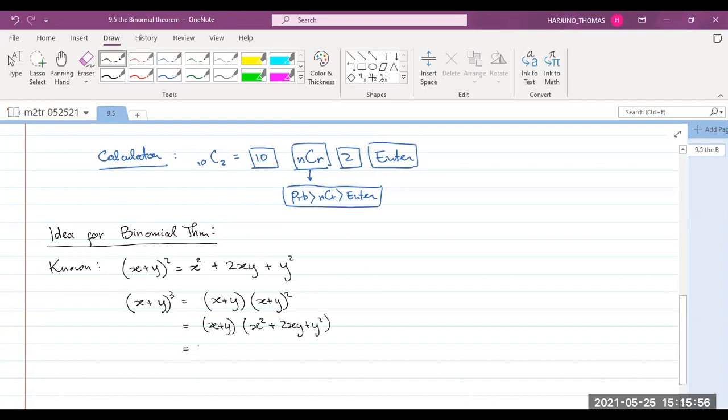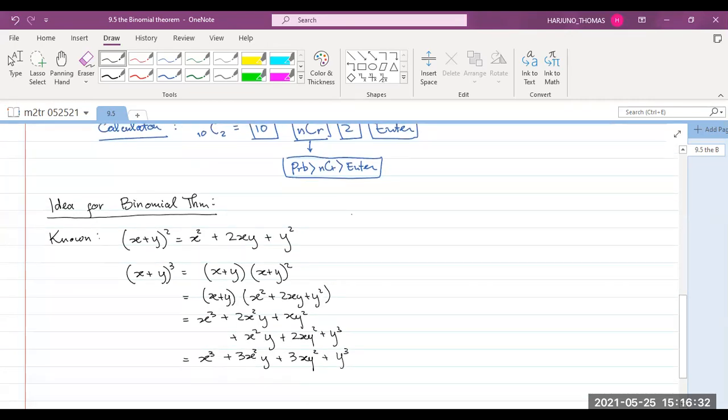Then this will be x cubed plus 2x squared y plus xy squared plus x squared y plus 2xy squared plus y cubed. And this is x cubed plus 3x squared y plus 3xy squared plus y cubed.